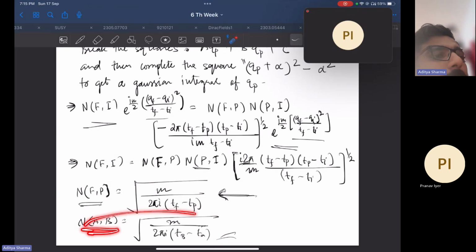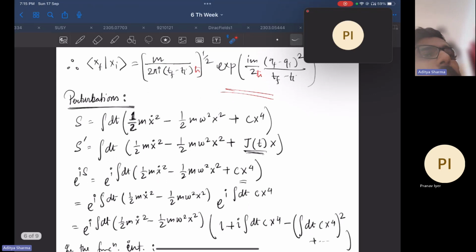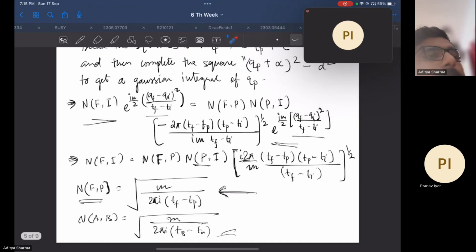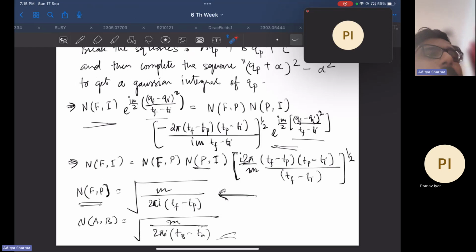You choose NAB as this part, you substitute NFP and put it here, and you are going to find that you get an expression for NFI, which looks the same as this. Put F and I here, which looks like this. So that means you know that NAB should be of the form this.